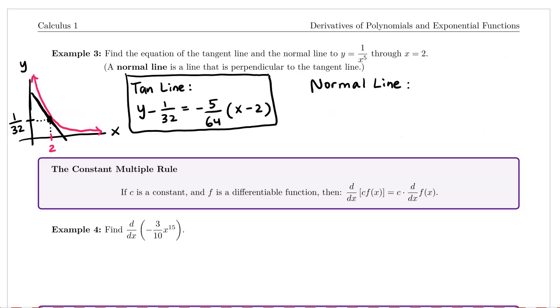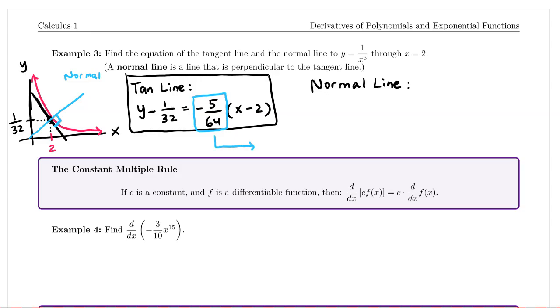Now I'd like to find the equation of my normal line, which is perpendicular to the tangent line, and it would look something like this, and I know that it's normal or perpendicular because it forms a 90-degree angle with my tangent line. And if you don't remember, the way that you get two lines to be perpendicular is their slopes have to be opposite reciprocals of each other. And so here in my tangent line, my slope is negative 5 over 64.